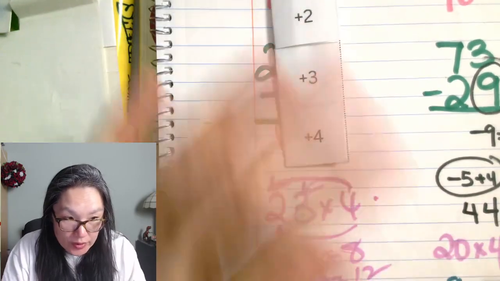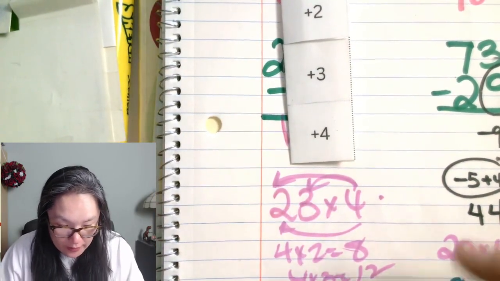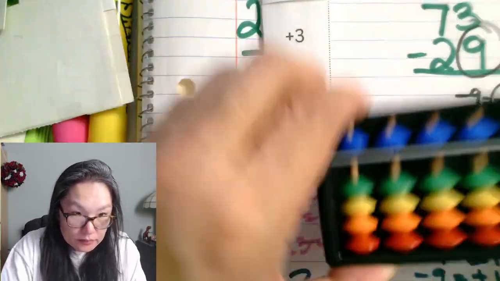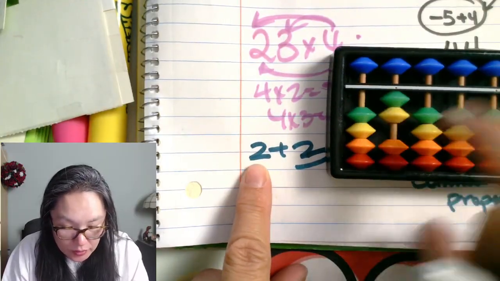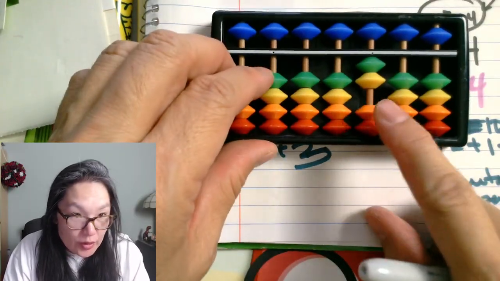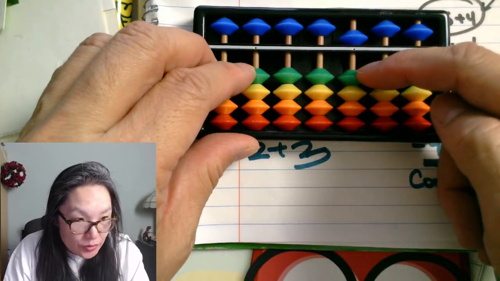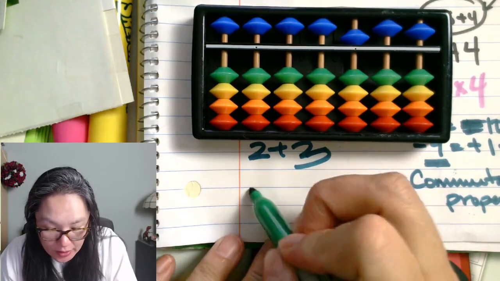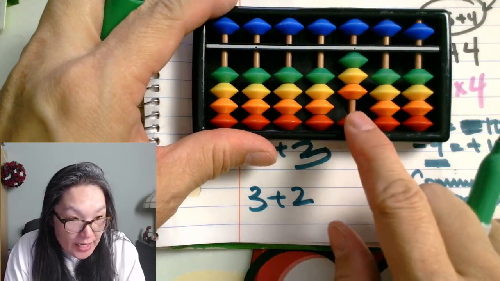We don't do 3 plus 2 and 2 plus 3, because if we look on our abacus, I want to add 2. I'm adding 2. I want to add 3. Can't add the 3. So I have to plus the 5 minus the 2, which is different than 3 plus 2. 3 plus 2, I have 3, and then 1 and 2.